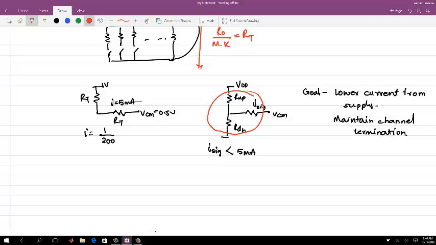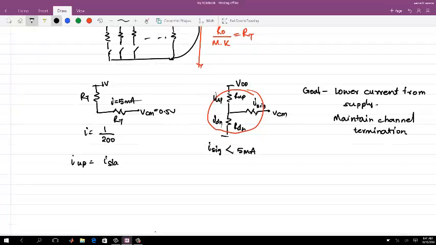But the constraint is channel termination. So let's say this is I up and I down. I up is equal to I signal plus I down. That's the KCL, right?